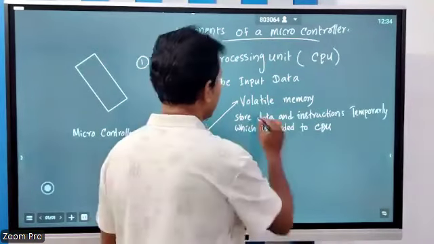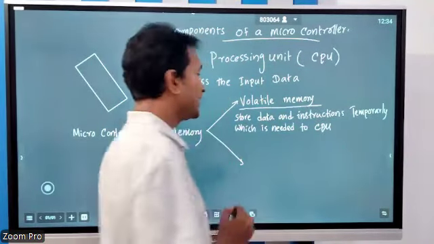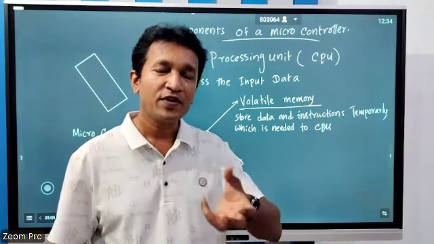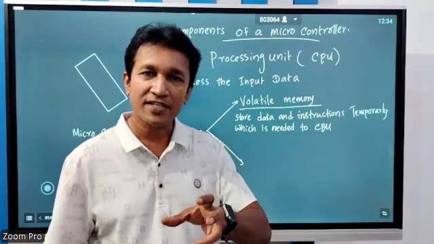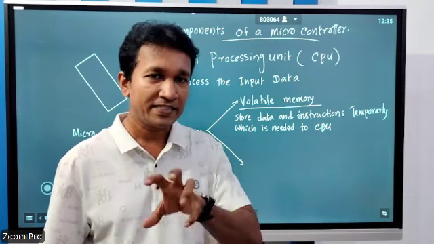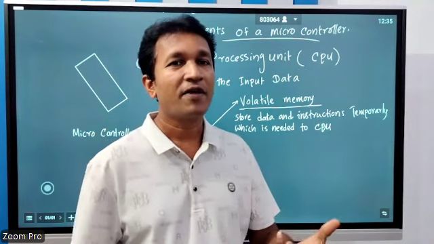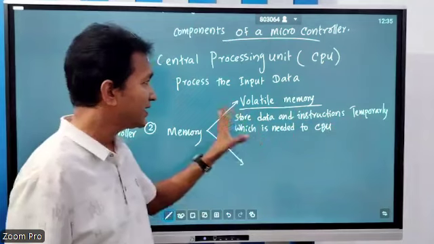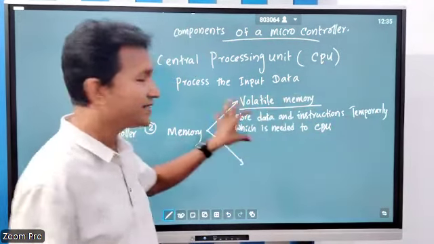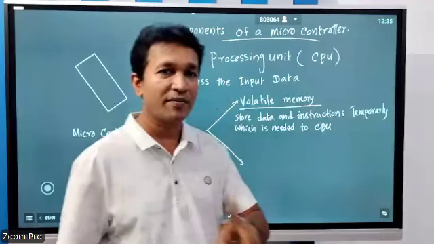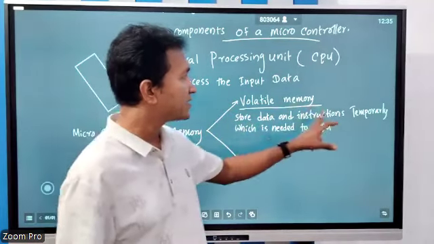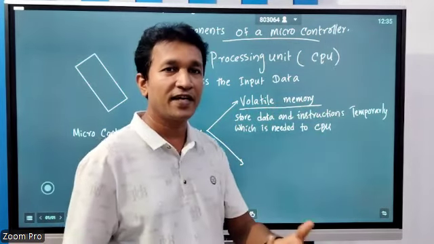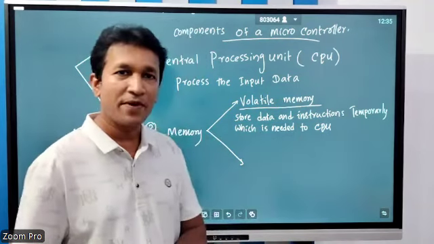So volatile memory is a temporary memory that will store data and instructions which are needed by the CPU. Where does the CPU keep the data and instructions it needs to process at that moment? In the volatile memory. It is a temporary memory; after the power goes, the memory in the volatile memory is erased. Right? So those kinds of memories are inside microcontrollers. Volatile memory contains data and instructions temporarily, which are needed by the CPU.